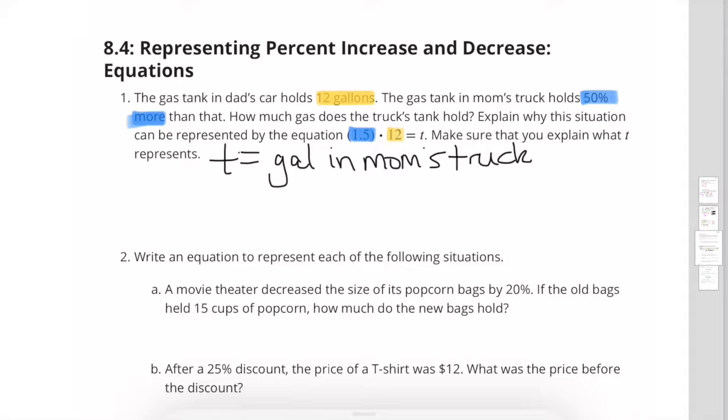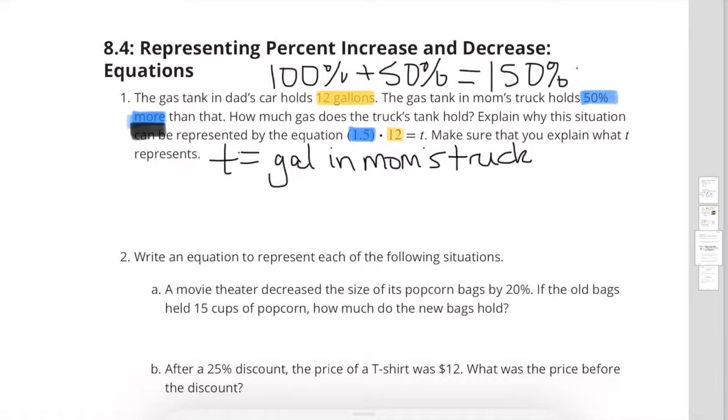And it's important to include this more, because 50% more means I have my original 100% of 12 plus an additional 50%, which gives me 150%, which is 1.5 as a decimal. Okay, so 1.5 times 12 would tell me what 150% of 12 is.